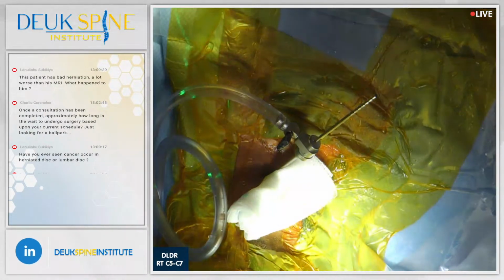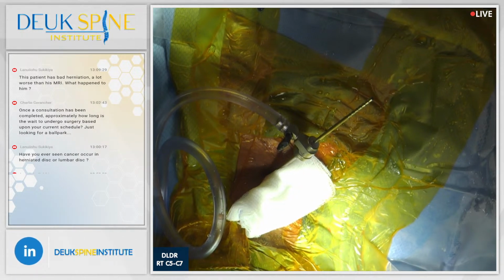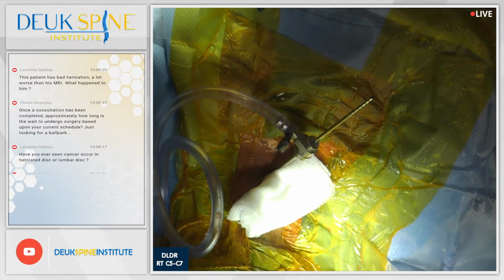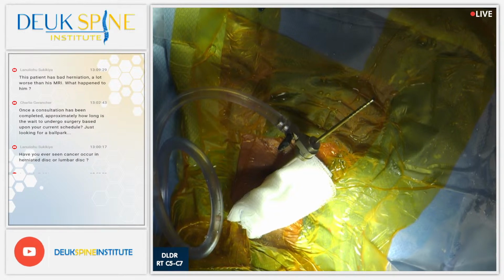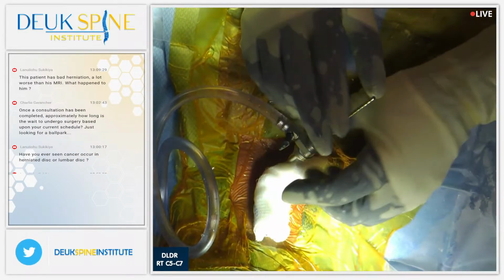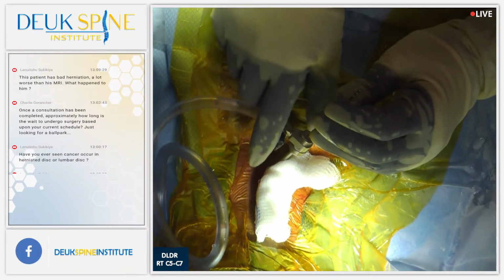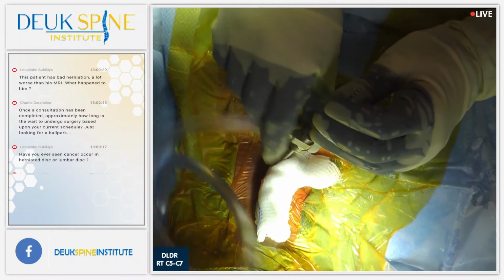Once somebody has a tear in their disc, the herniations come out easily. So until it gets fixed with the laser surgery we do here, you're going to keep having more and more herniations over time. So he probably just lifted things, or maybe even the way he slept, you know.